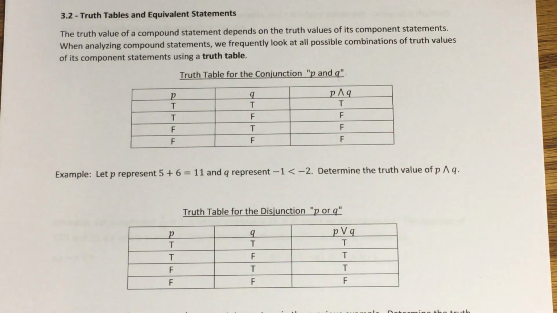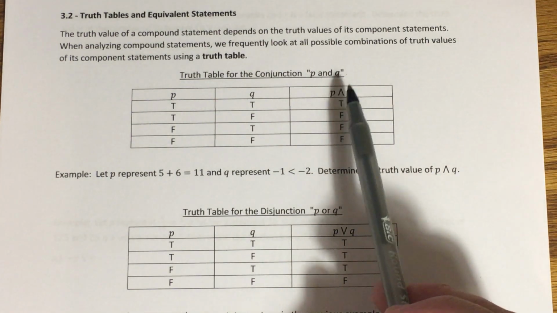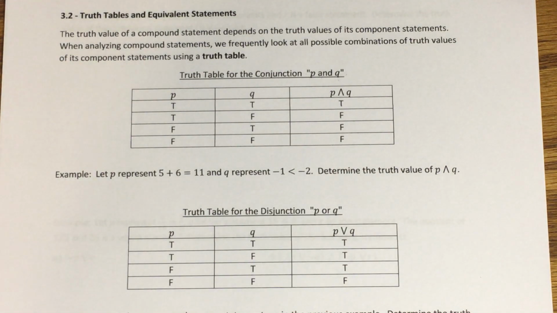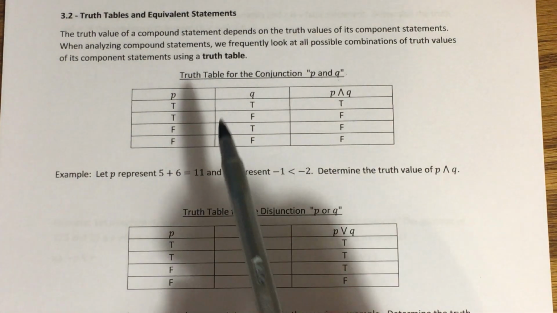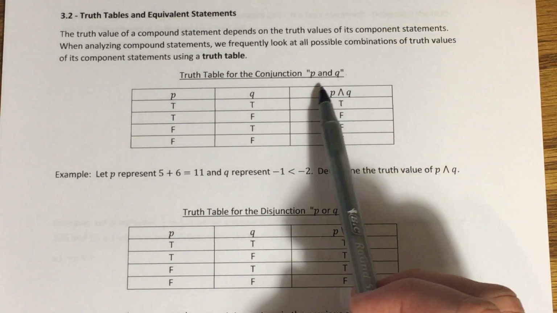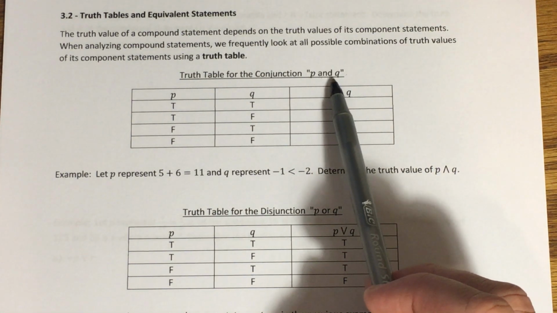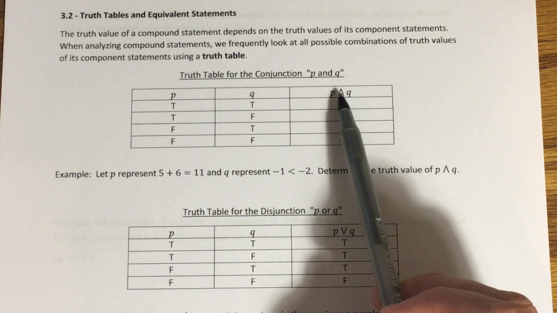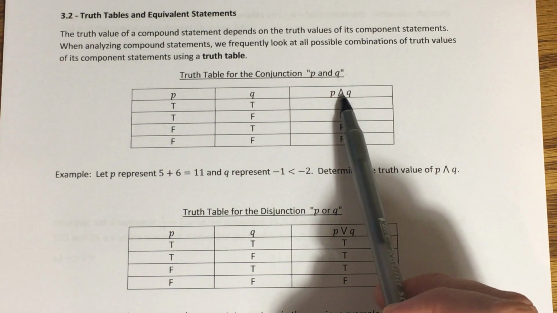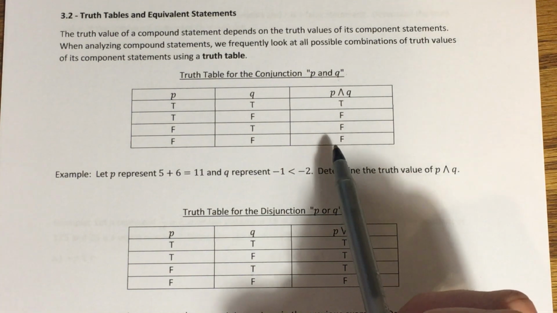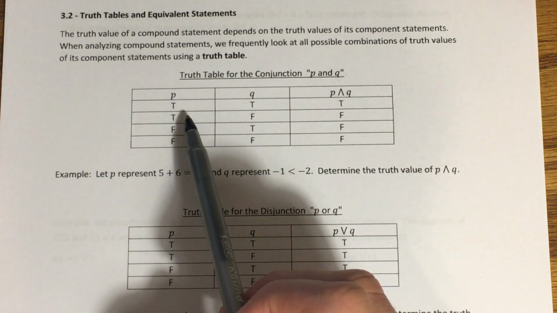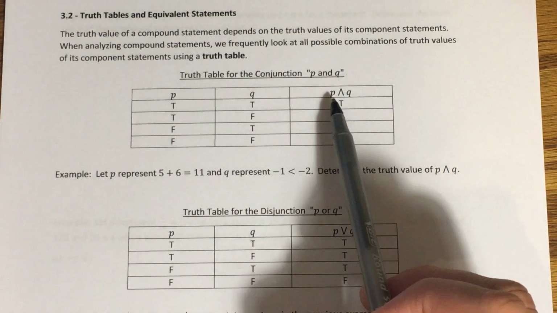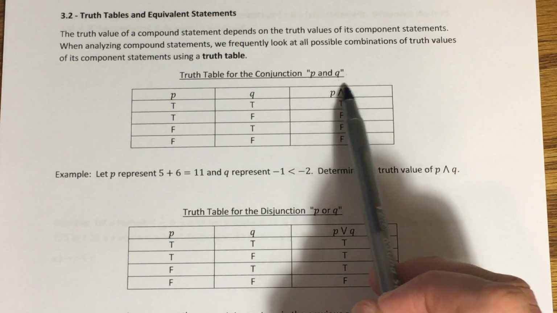For all of those possible combinations, what are the possible truth values of the statement P and Q? Well, that's what a truth table analyzes. So this is what a truth table looks like. We want to analyze the compound statement P and Q, the conjunction P and Q, which symbolically we know looks like this: P, the little up arrow symbol, and then the Q. The way that we want to go about this is we want to create columns in our table, one column for every component statement in that compound statement.